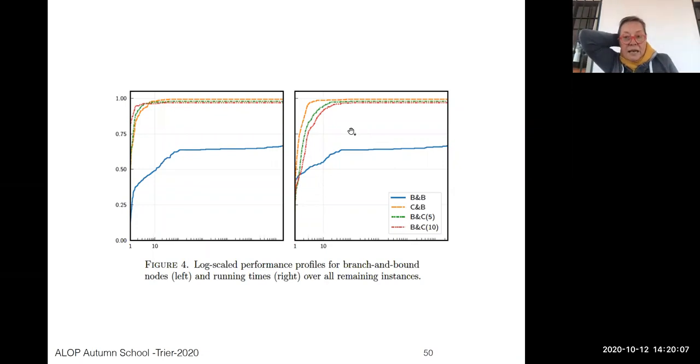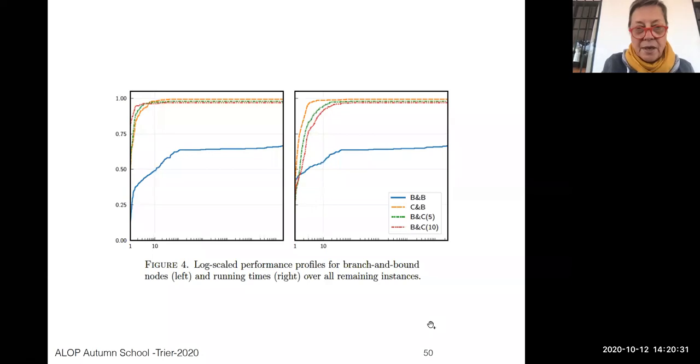So the lesson to draw is that using this cut, at least one, has a strong impact, because it really links the two levels. It makes a significant difference.